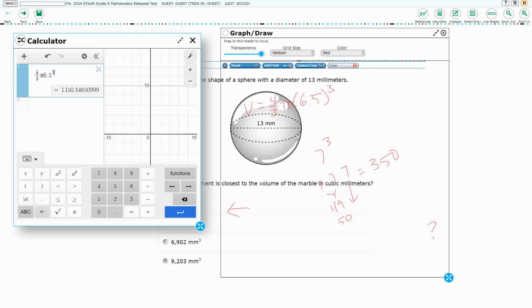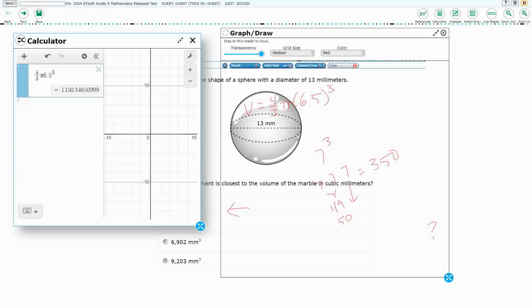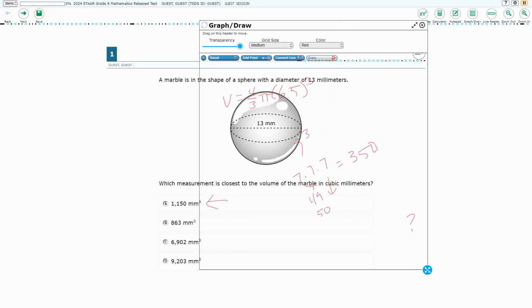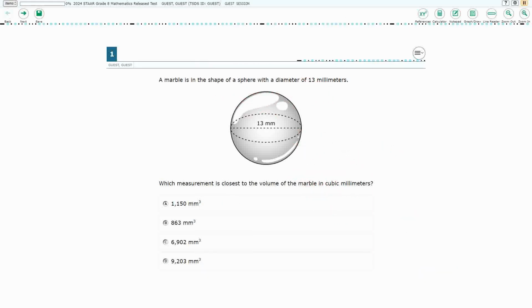So you can use the Desmos even if you're not graphing anything. It's got the calculator function in there. You just have to be able to pull up that keyboard to get some of the functions that you might want. And so either way you look at it, our answer is going to be that A, 1,150 cubic millimeters. And there we go. That is our answer.